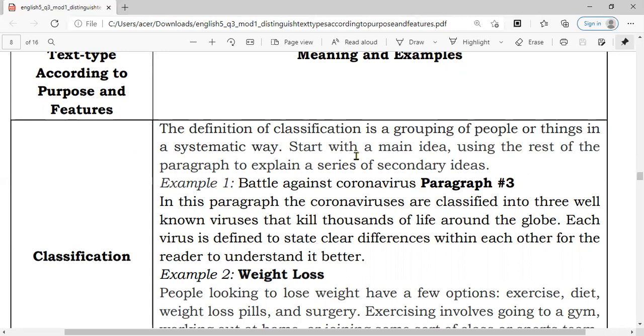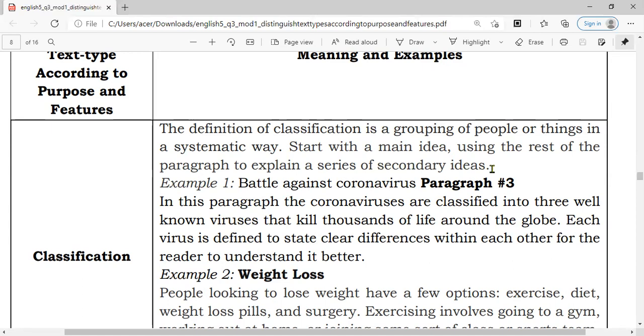Start with the main idea, using the rest of the paragraph to explain the series of secondary ideas, from main idea to secondary ideas. So each one is being classified.